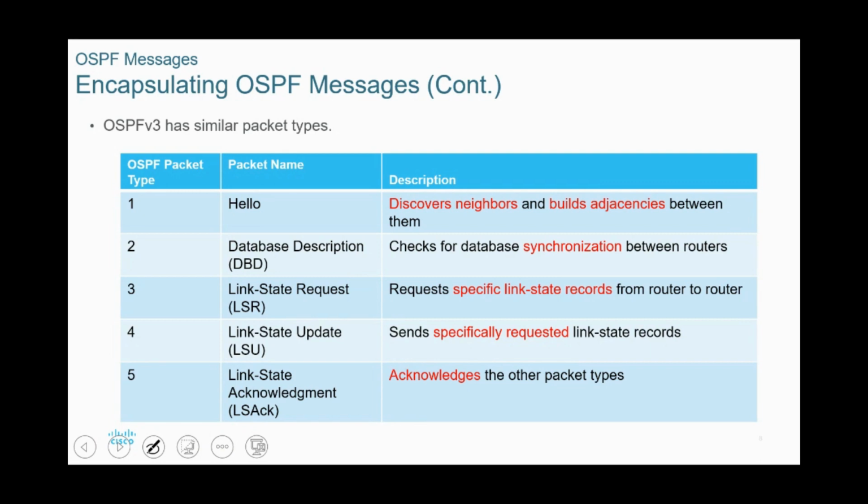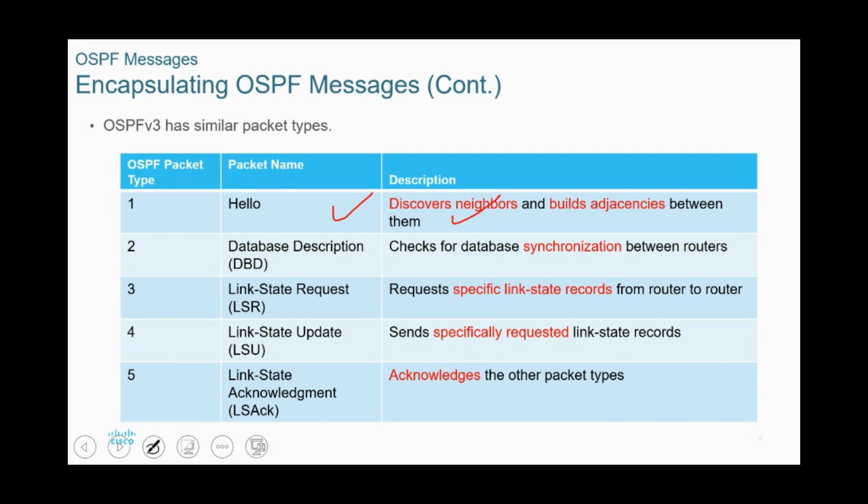Okay, so let's talk about the encapsulation of OSPF messages. OSPF version 3, which supports IPv6, has similar packet types. OSPFv3 also has hello packets to discover network neighbors and build the adjacency between them.